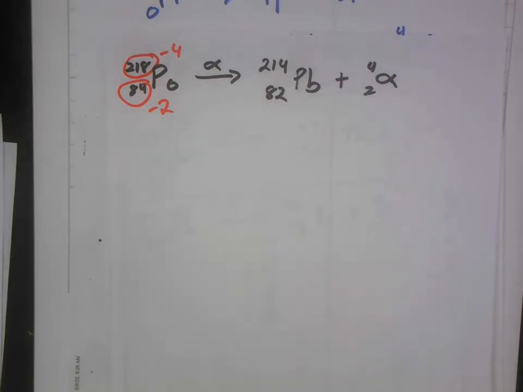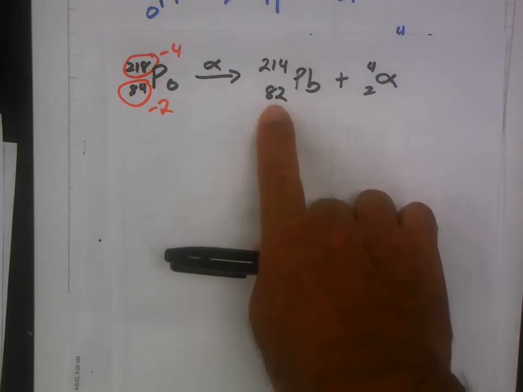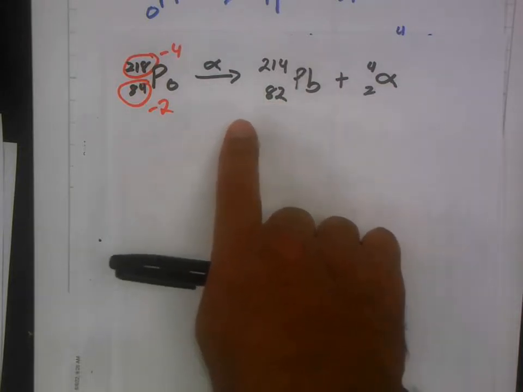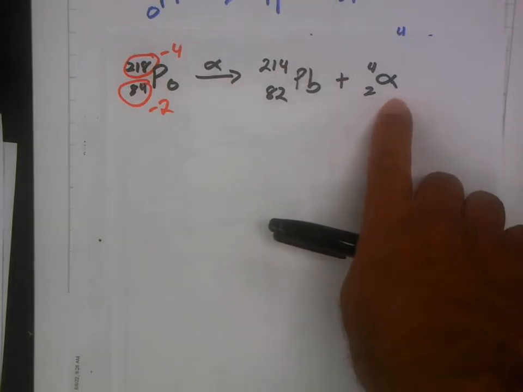Any questions on this? Yeah. How do you know how many neutrons and protons you have? Well, the number of protons is right here. And why do we subtract 4? Why do we subtract 2 here? Because that's what's going to be on the alpha particle. Right?